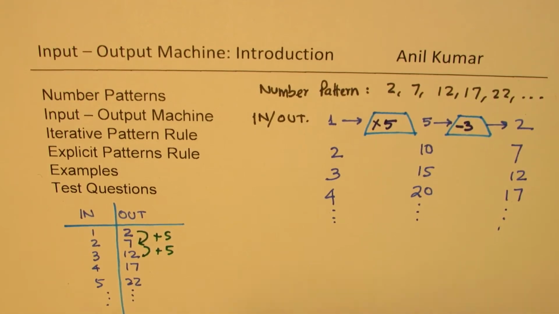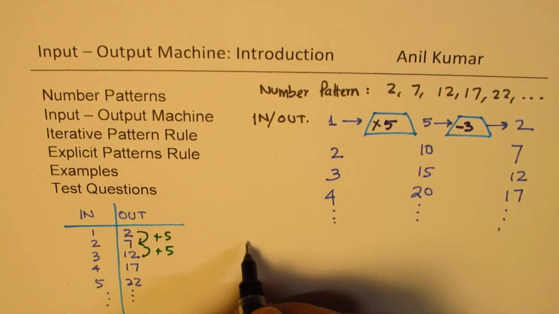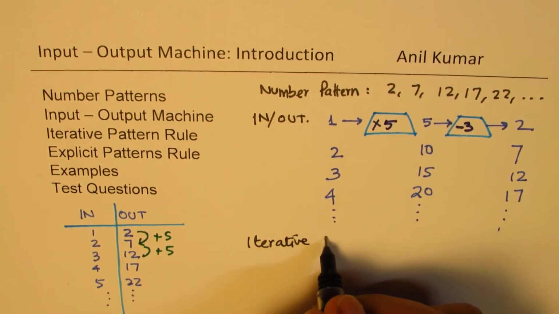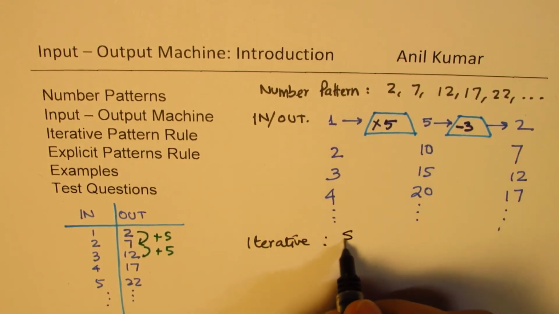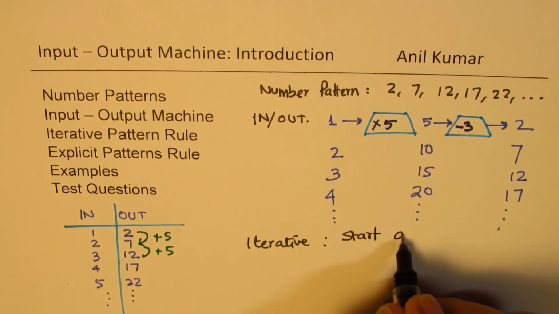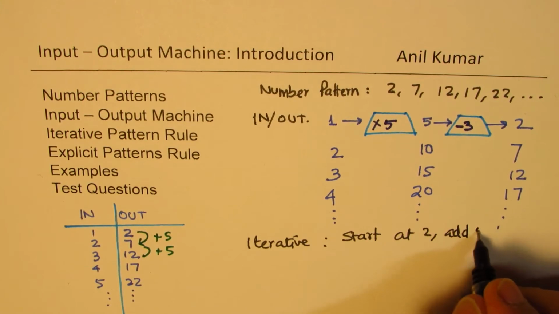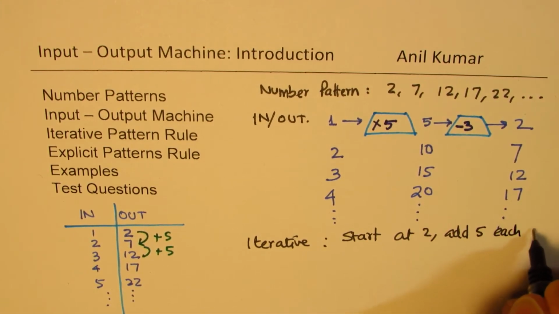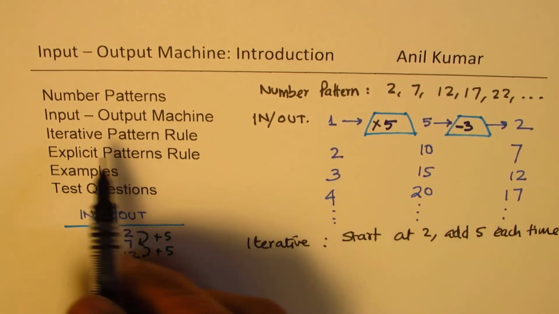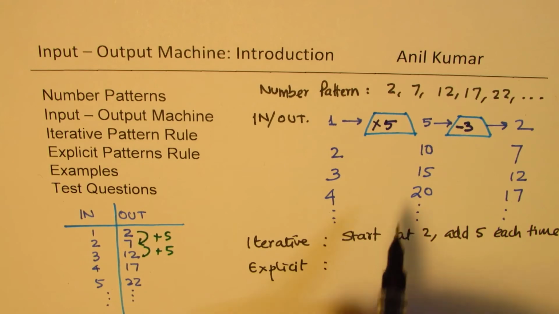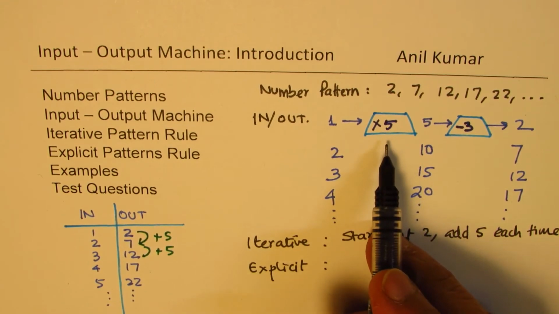Well, describing this in terms of iterative pattern will be what? Start at 2 and then add 5 each time. As far as the explicit pattern rule is concerned, it is similar to input-output.